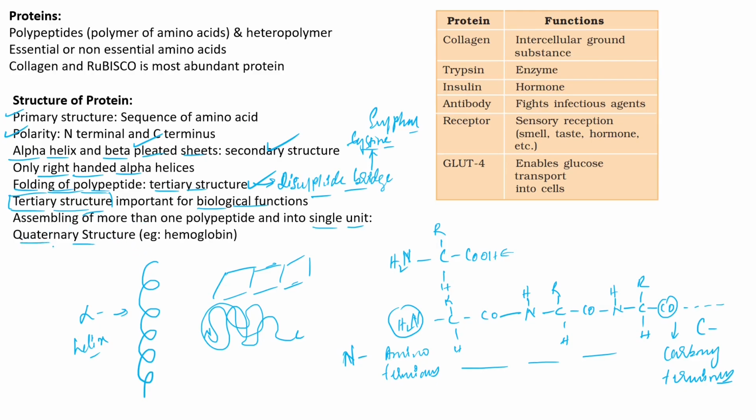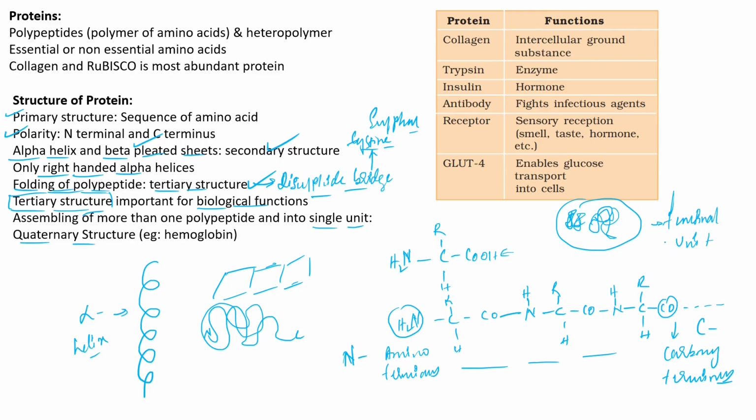Now, what happens in the case of quaternary structure is that one type of polypeptide binds or assembles with another different type of polypeptide, and both of these become what? A functional unit. It becomes a complete functioning protein.